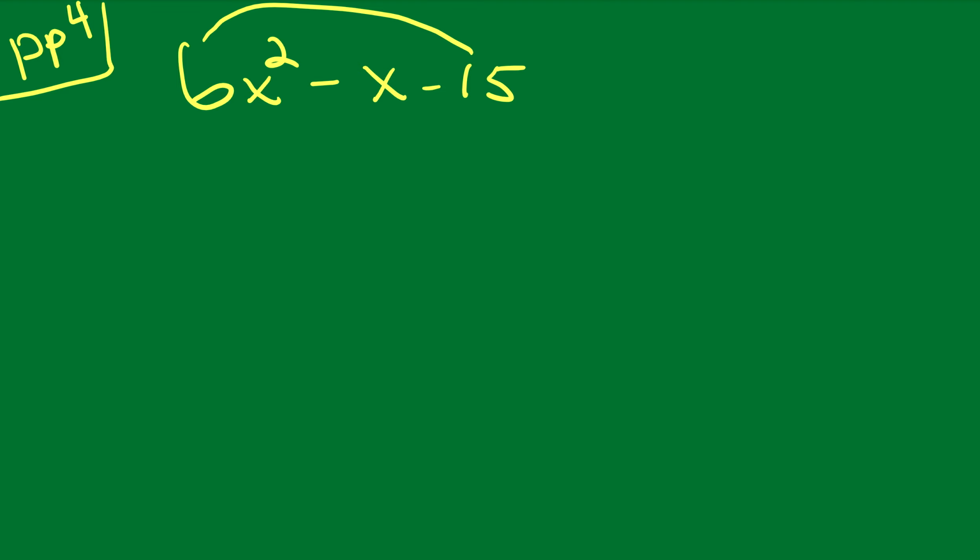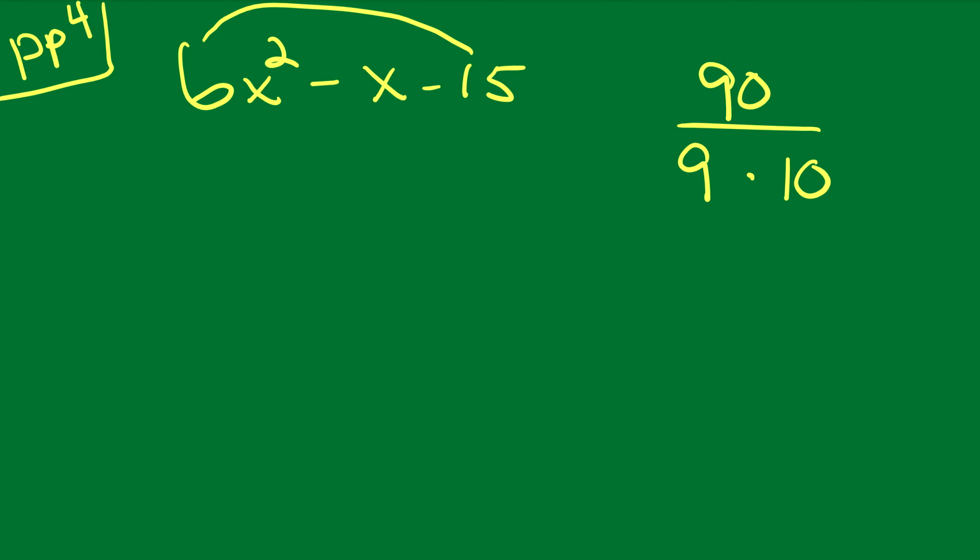6 times 15. Well, that looks like 90. 2 factors of 90 with a difference of 1. Well, what are factors of 90 that we know? Anything times 10. Anything times 10 is the anything with a 0 after it. So that would be 90, 9 times 10. 9 times 10 is 90.